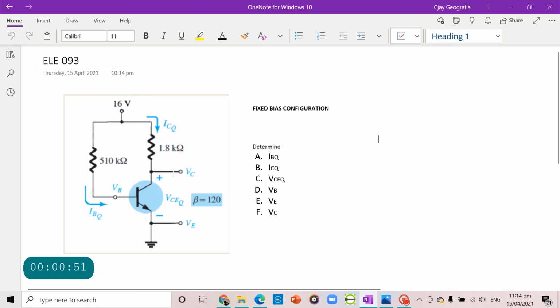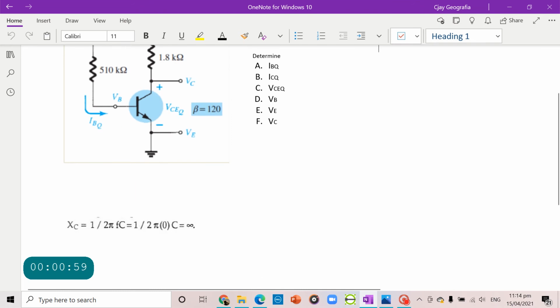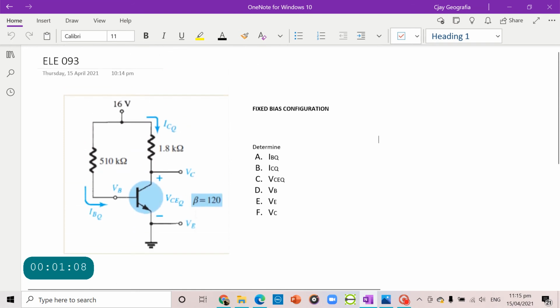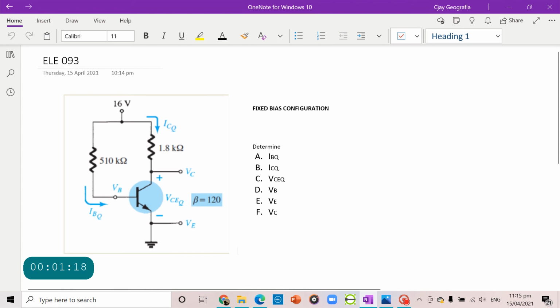For DC analysis, we can replace the capacitor with an open circuit because the reactance of the capacitor for DC is Xc equal to 1 over 2 pi fC, which is infinity. So we can also exclude that in our diagram because it is an open circuit, as this equation expresses.